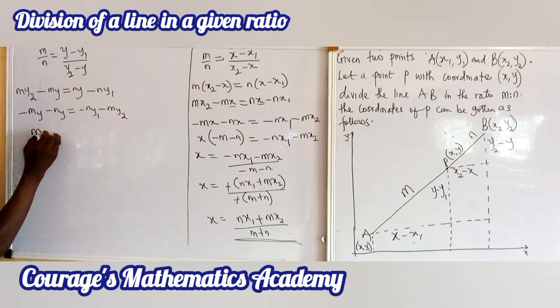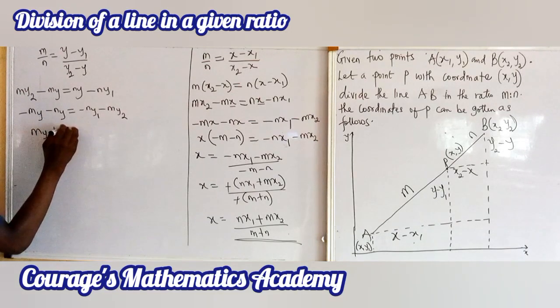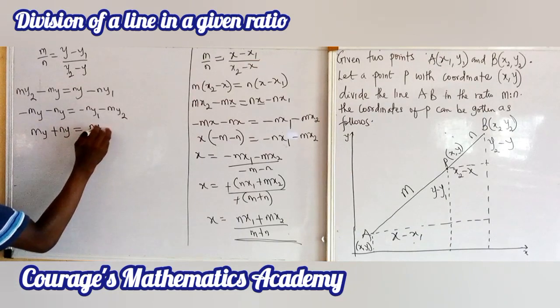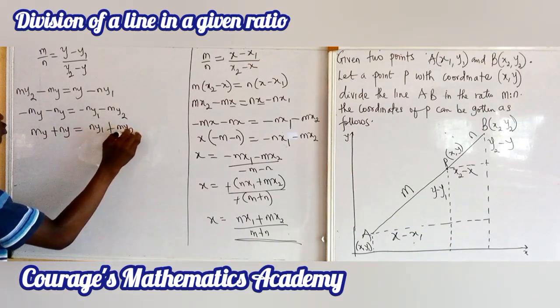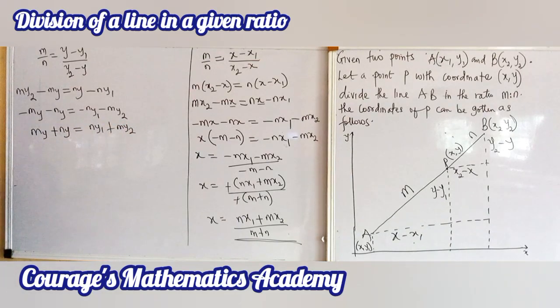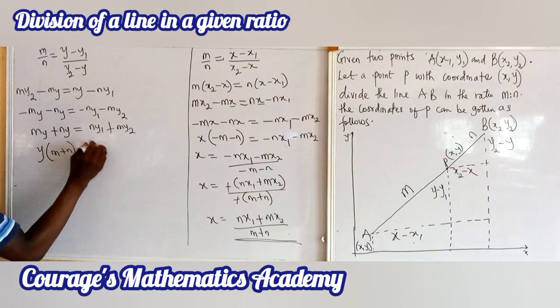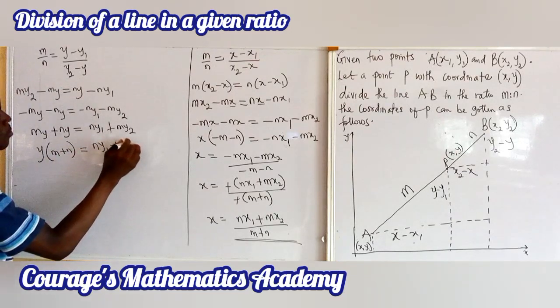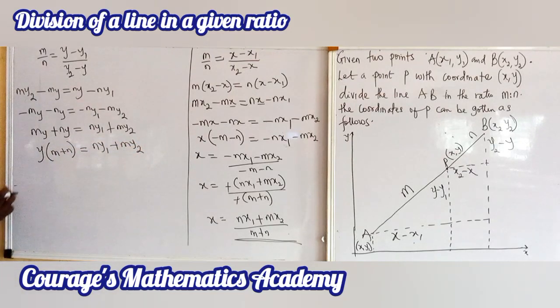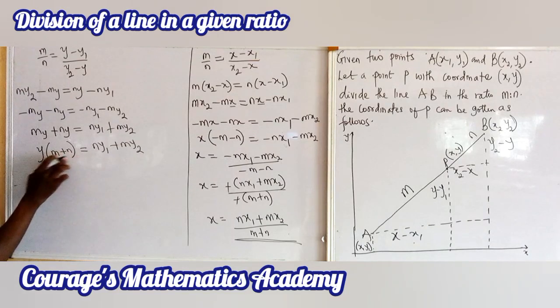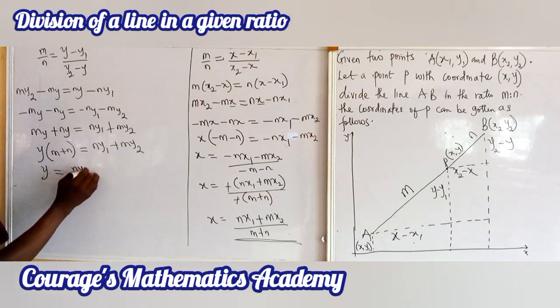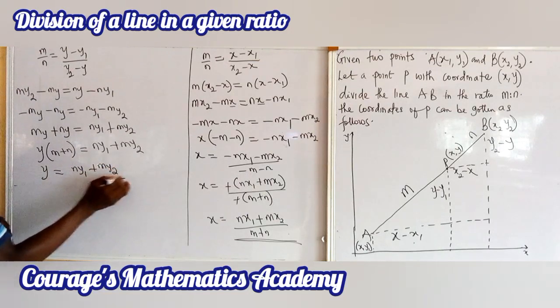Hence, my plus ny is equal to ny1 plus my2. Factorize y out. y open bracket m plus n is equal to ny1 plus my2. So now divide both sides by m plus n so that y will stand alone. y is now equal to ny1 plus my2 all over m plus n.